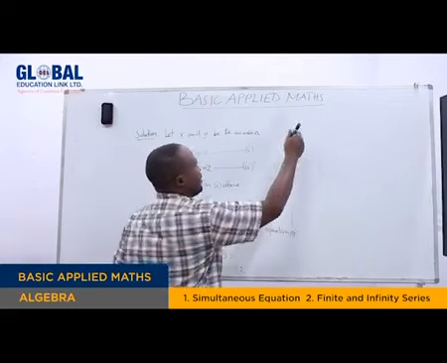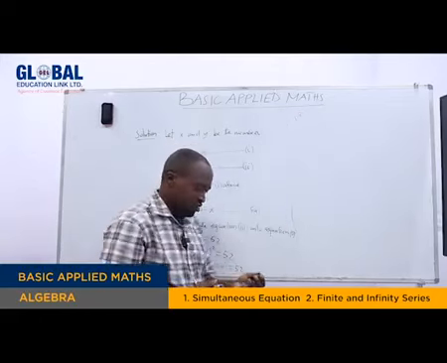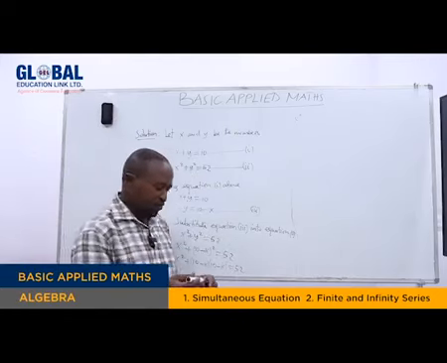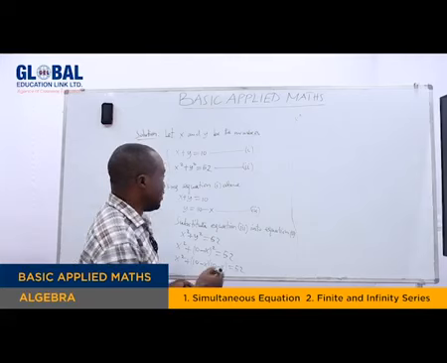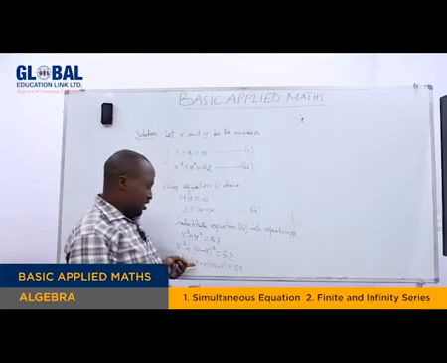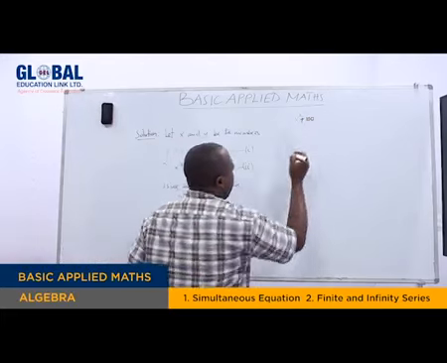We have x squared plus, now we take 10 times 10, which is 100.